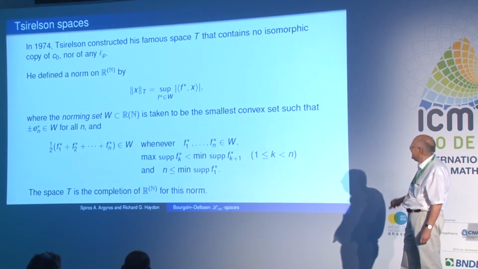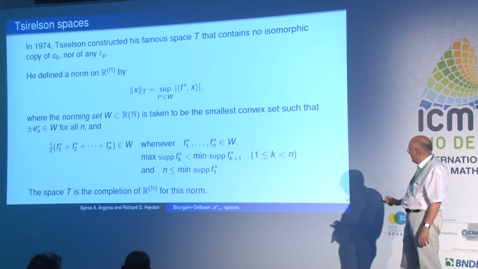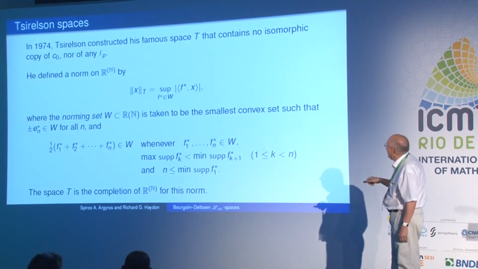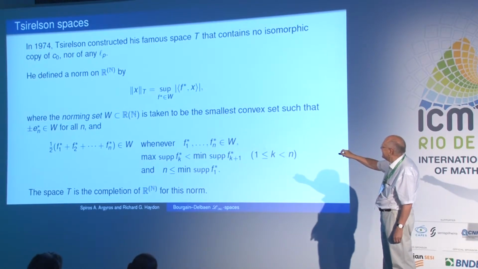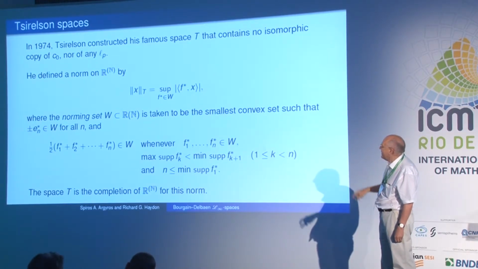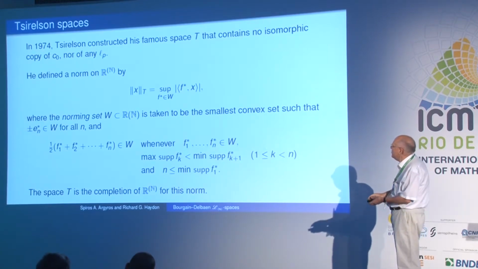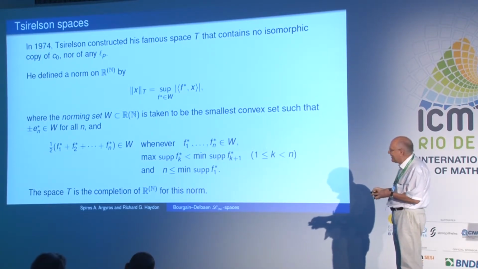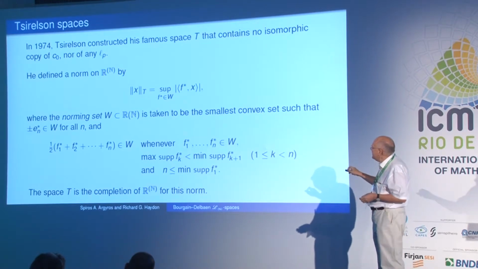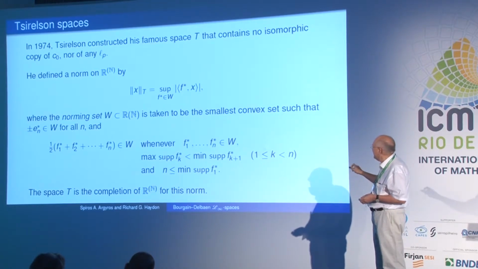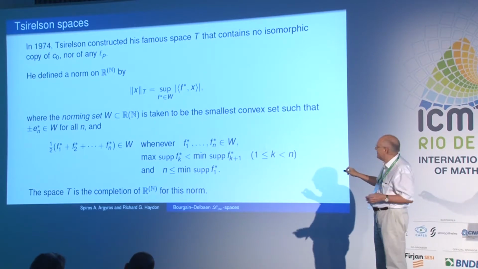Anyway, here is the definition. You make sure that your subset, first of all, contains plus and minus all the unit vectors. That's reasonable enough. And then you demand that it's to be closed when you take a special sort of linear combination. And the conditions on the linear combination, well, those have to be in W. That's an innocent condition.